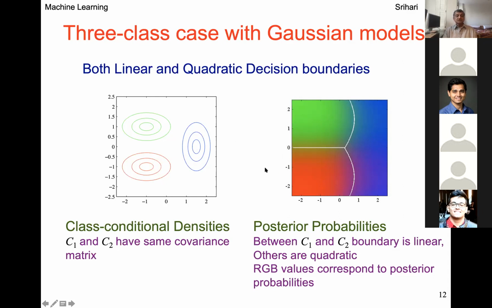So the lesson to learn here is that a probabilistic classifier induces some kind of simple decision boundaries in the feature space, saying, okay, if you fall on this side, probability is higher that it's a blue class, or on this side probability is higher that it's a green class.